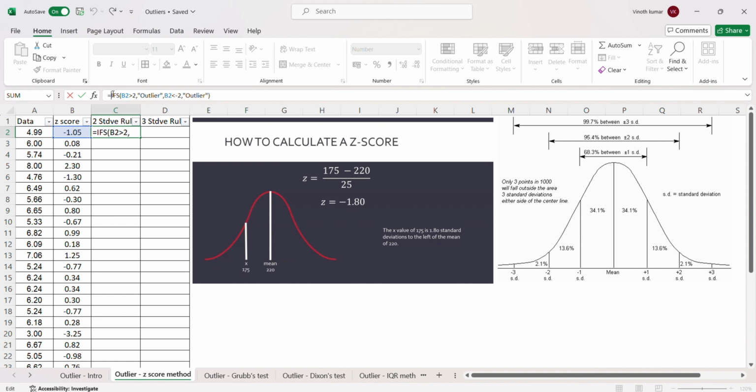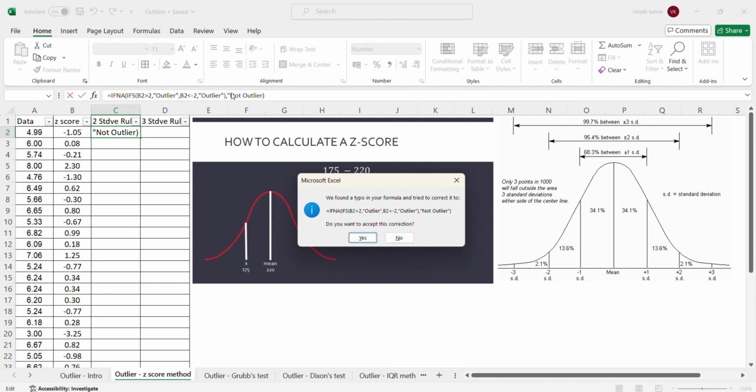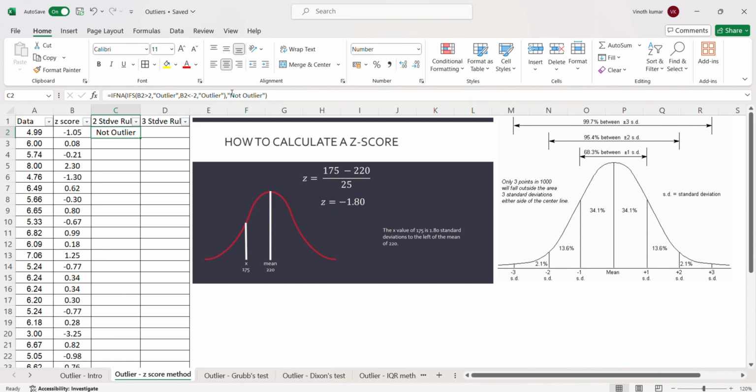So what I need to do is I have to slightly make a modification, and that modification is IFNA, not applicable, right, comma, you can say not an outlier. Right, now if I close this, right, so what will happen?